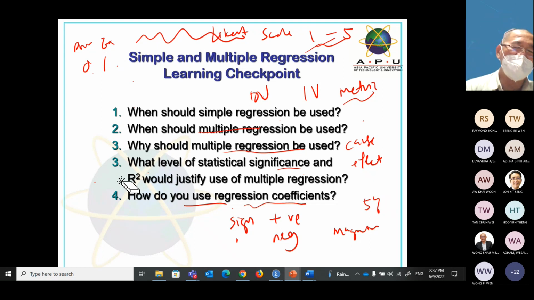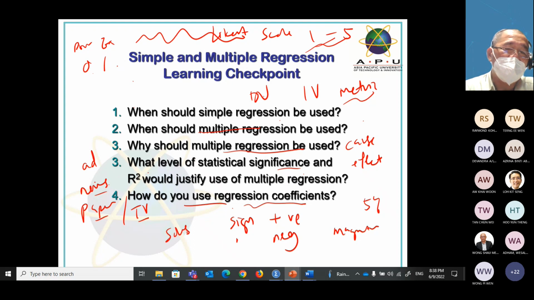Let's take this example. Do you agree, if you are in that field? Let's say you advertise a lot in the printed newspaper and also on TV, but the sales cannot increase. Therefore, this is the independent variable, advertising in newspaper and TV. But the sales actually drop, because many people cannot see it, or maybe you're targeting the wrong market.